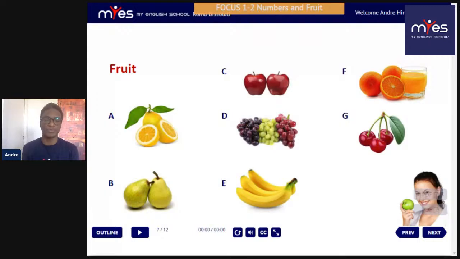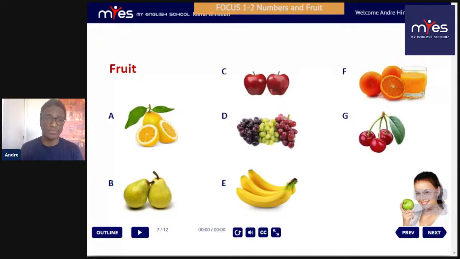B. Which fruit is B? Looks familiar. I love this fruit. It's very, very tasty. Very, very delicious. I love them. So here we have 2 pears. Now let's look at C. You guys know this one. 2 apples.